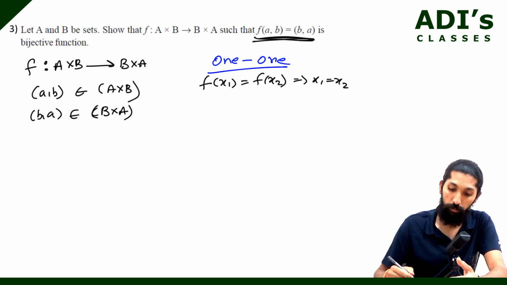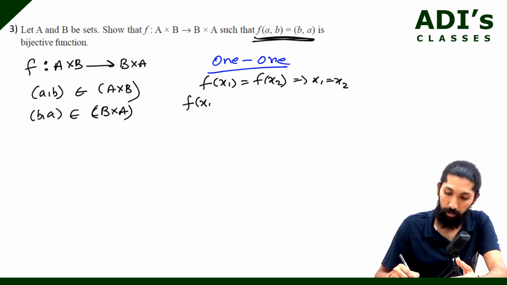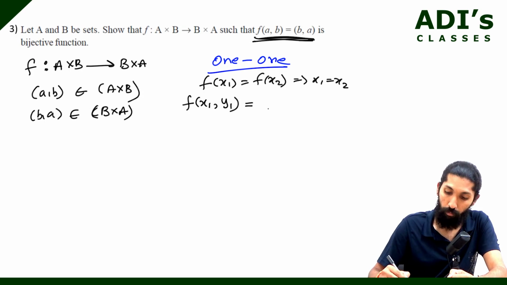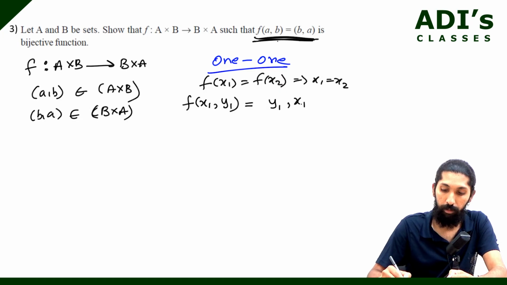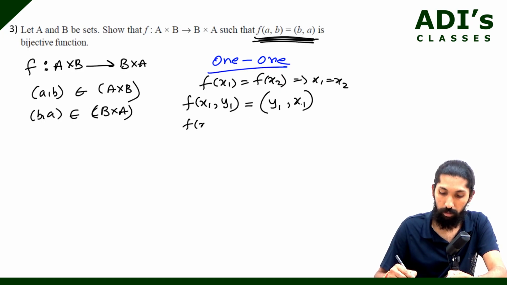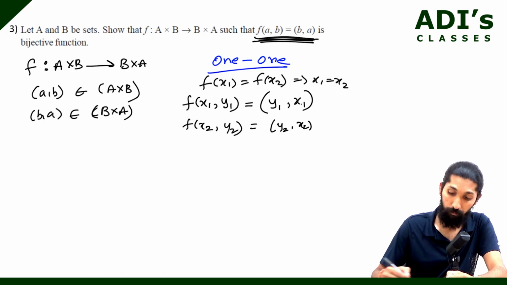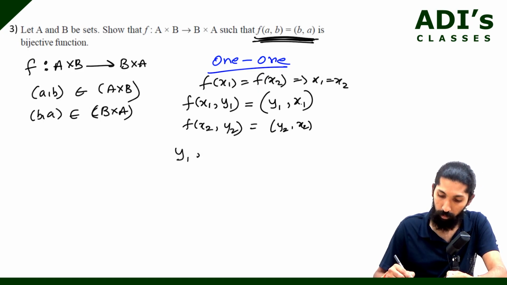So what we have now first is f of (x1, y1), right? So this is equal to (y1, x1) because f of (a, b) is nothing but (b, a). Likewise, f of (x2, y2) is (y2, x2). Right? So now what we have, (y1, x1) is equal to (y2, x2).